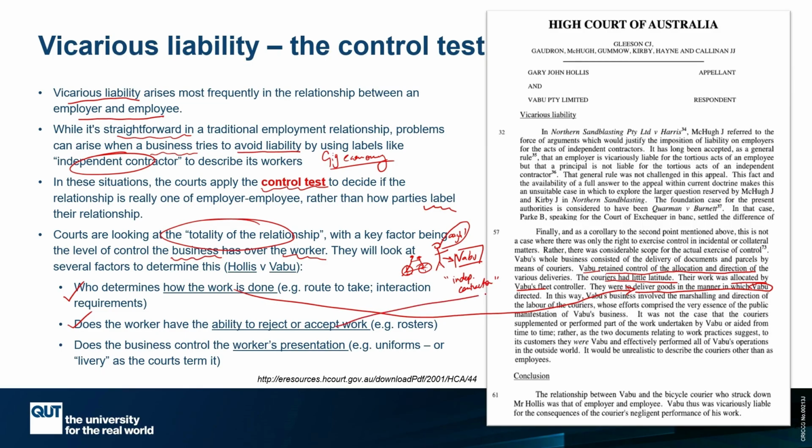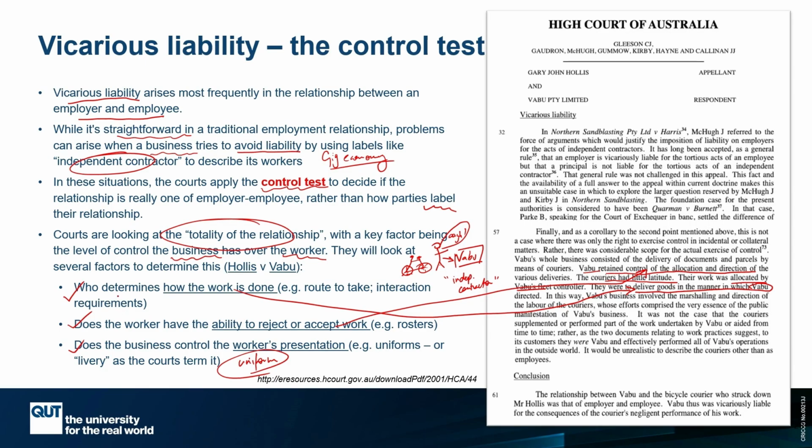They were also showing that Vabu had control over the allocation and direction, so there was little ability of the workers to actually influence what work they did. And then finally, the workers had to wear a uniform, which is another sign that an employee of Vabu rather than an independent contractor.